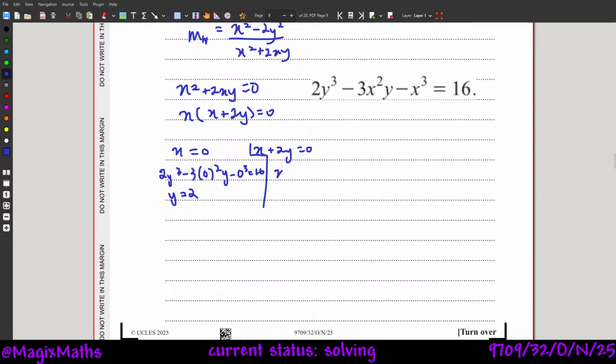And then here we have x is equals to negative 2y. 2y cubed minus 3 negative 2y squared y minus negative 2y cubed is equals to 16.